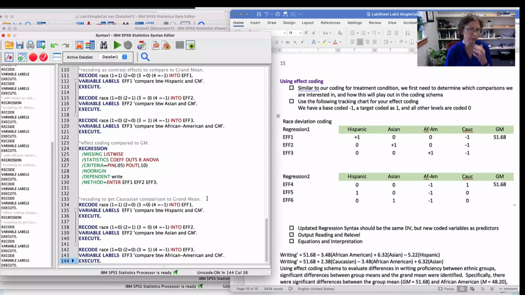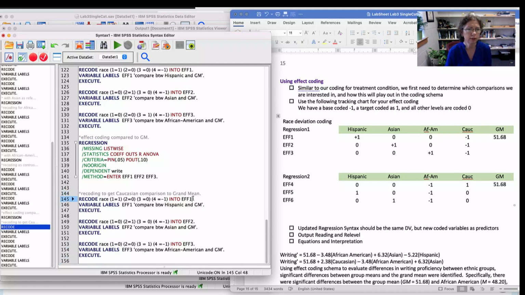Comparison to grand mean. So now I want effect code. We went through 3, we want 4, 5. So now I'm just updating the script, and make sure you get everything.